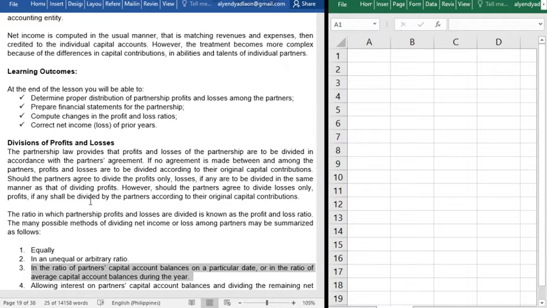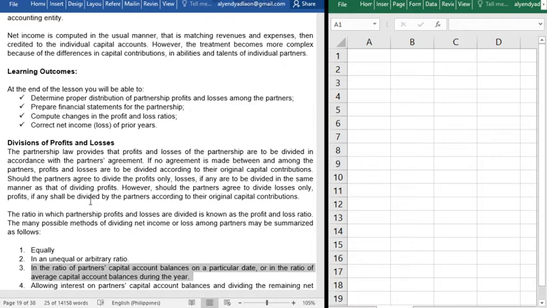So let's say for example, class, if the partners started their operation on January 1, 2019, and it is now December 31, 2020, then when we say original capital ratio, we will have to base their profit and loss ratio on their January 1, 2019 capital. But when we say beginning capital ratio, then we will have to base it on January 1, 2020. Okay? So the original capital is different from the beginning capital.